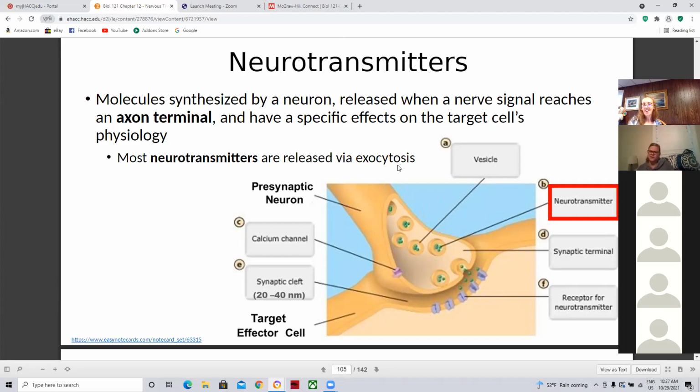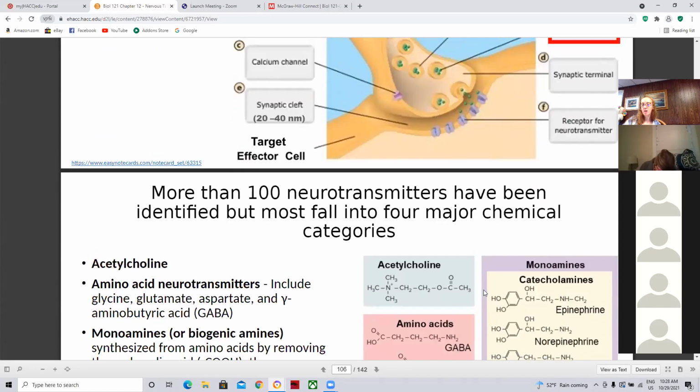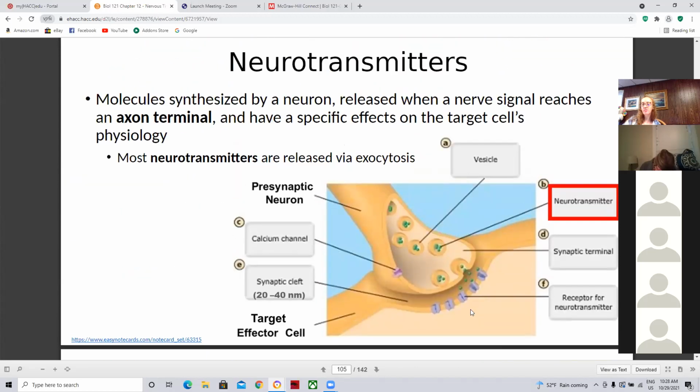So the vesicles are going to fuse with the membrane and release their components into the synaptic cleft. Neurotransmitter is going to move across the synaptic cleft and bind to its receptor. Remember, neurotransmitters can have different effects based on whatever receptor they bind to.